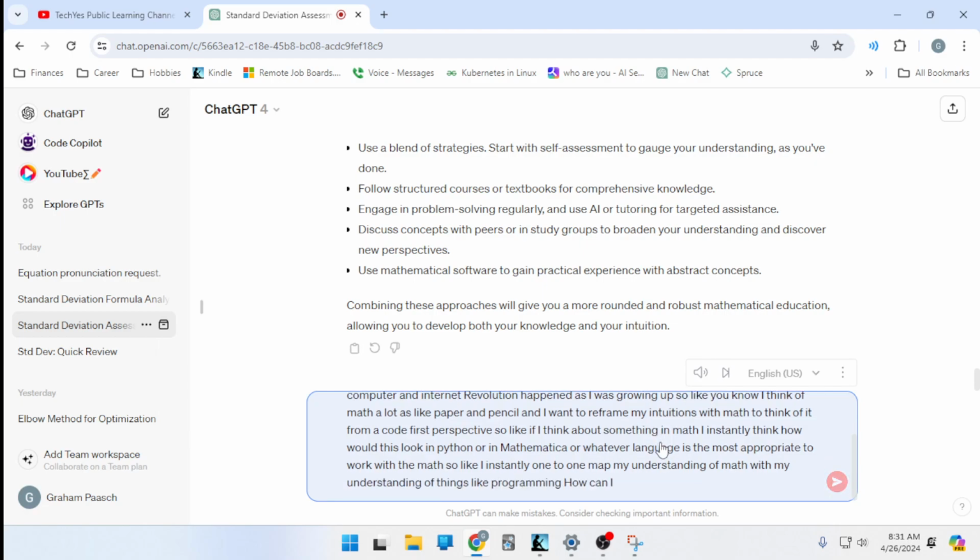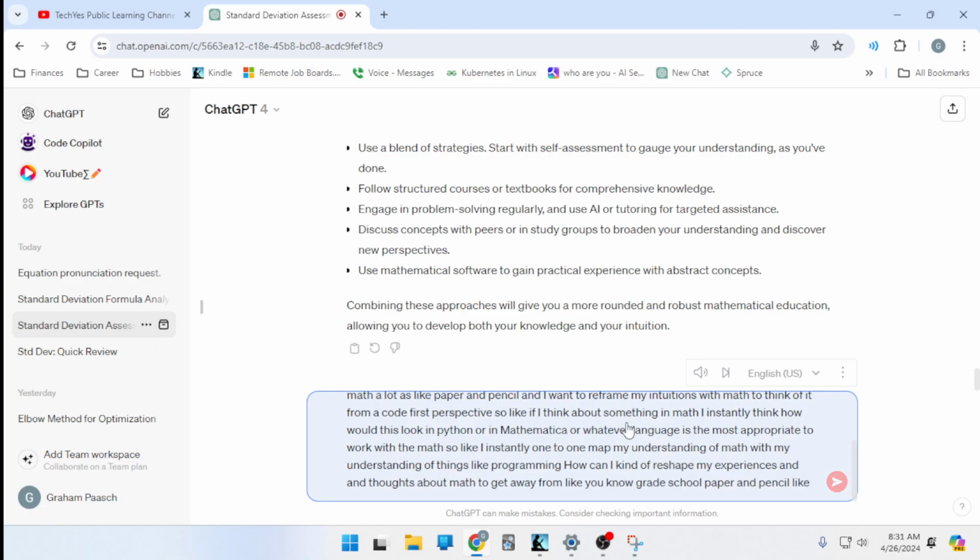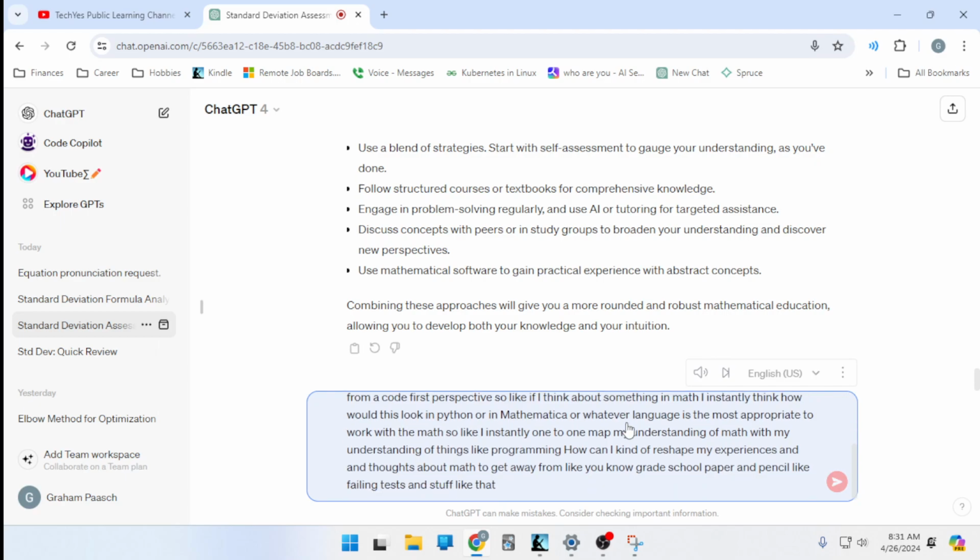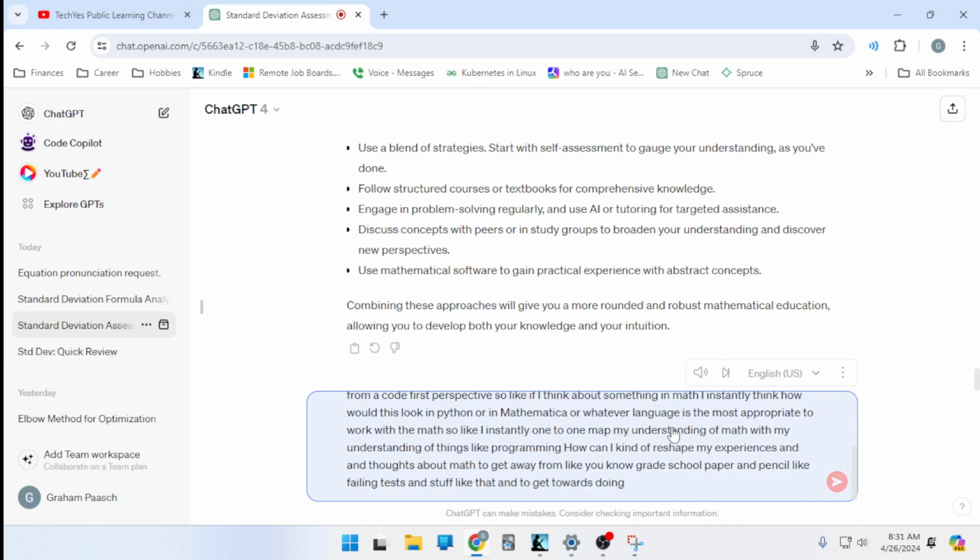How can I reshape my experiences and thoughts about math to get away from grade school paper and pencil, failing tests and stuff like that, and to get towards doing valuable things with computers instead?